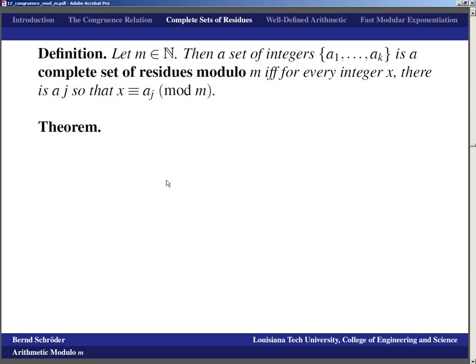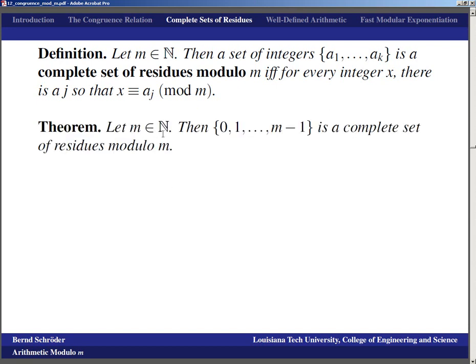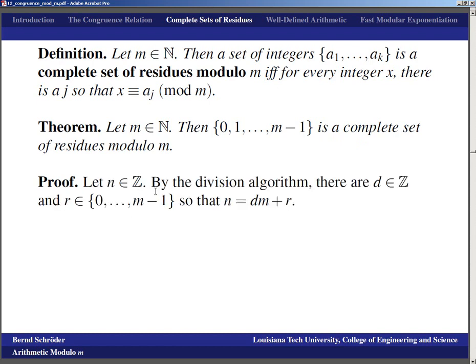because everything else is equivalent to one of those things. As a quick theorem, when m is our modulus, then the numbers from 0 through m minus 1 form a complete set of residues modulo m. The result is fairly quick, because when n is an integer, then by the division algorithm there is a quotient q and a remainder r between 0 and m minus 1 so that n is equal to q times m plus r.